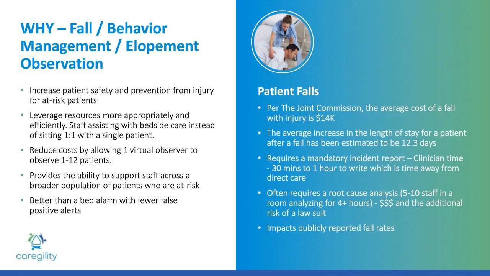In my experience, about 1 to 12 or so seems to be appropriate, depending on how those assignments are divvied up between observers if you're using more than one observer. Some patients are very active, and some not so much. So that ratio seems to be fairly appropriate in my experience.